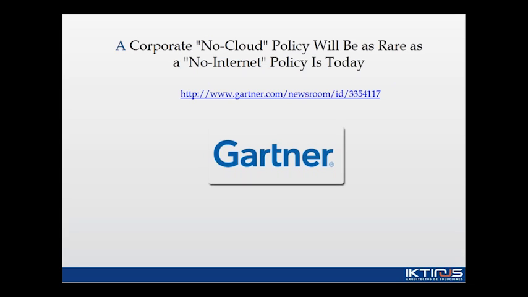What Gartner means is that it's exactly the same as what happened with the internet 20 years ago. We don't need internet, it is not needed for our business. But if the business doesn't have internet, the business doesn't exist. This is going to be the same, and in a few years it's going to happen the same way if companies don't start adopting cloud computing and transformative technologies today.